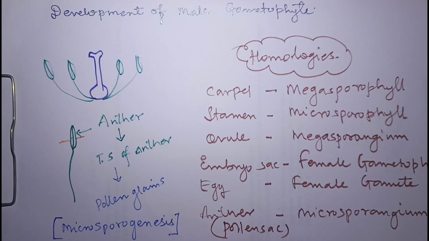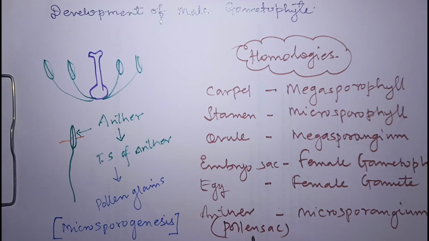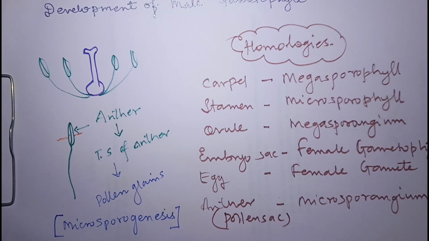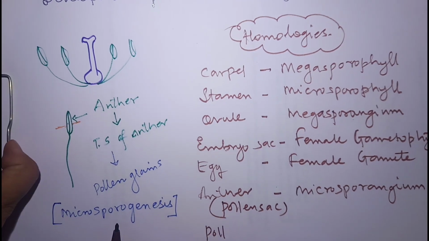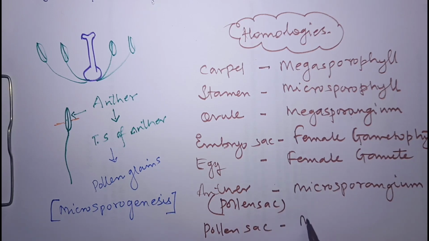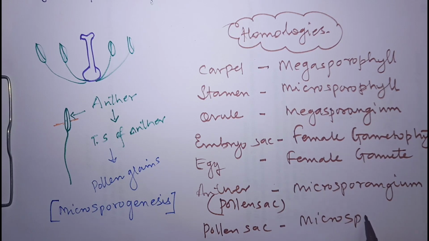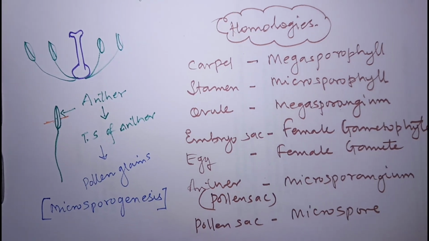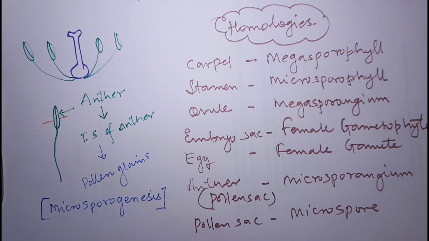Inside this pollen sac pollen grains are produced. We call it microspore. These terms will help you to learn the process. So basically today we are studying microsporogenesis.